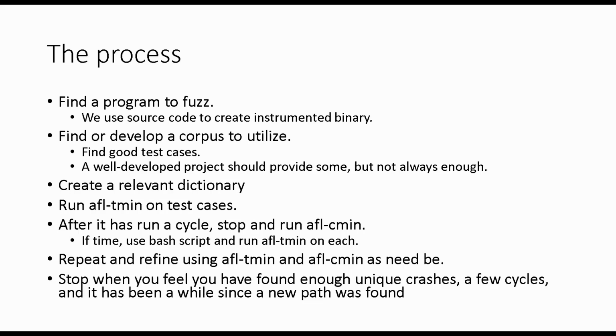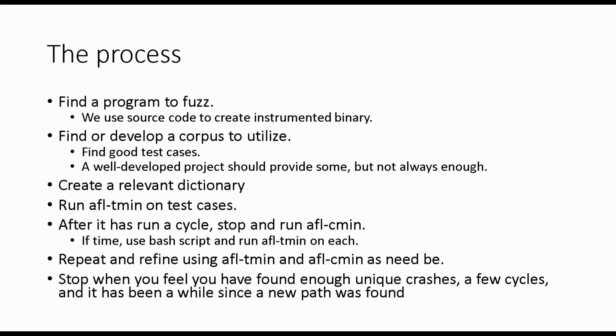And then once something has done a complete cycle, we can stop it and run AFL cmin to minimize the corpus of different test cases. If there are certain test cases that are unnecessary because they're repetitious, we can remove them. And that's what cmin will do for us. Now again, tmin just runs on one specific file.